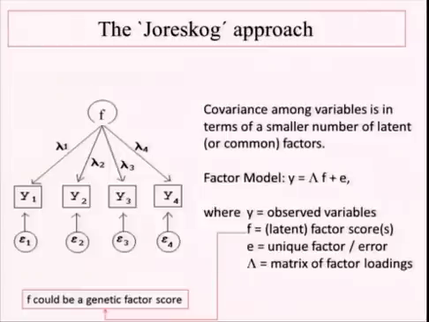So this is what will be familiar to a lot of you, the Jöreskog approach to factor analysis. Simply saying there is a latent construct, and if we talk about individuals, this is a latent score on some sort of factor, and this latent score that we do not observe influences a set of observations. In a genetics context, this factor score could be a breeding value or a genetic factor score.